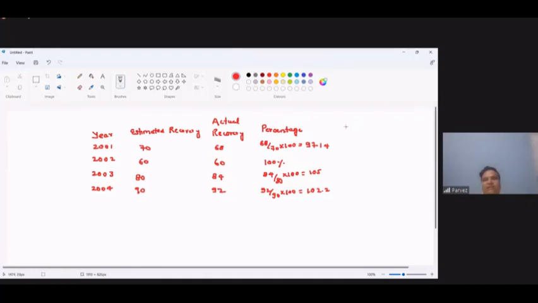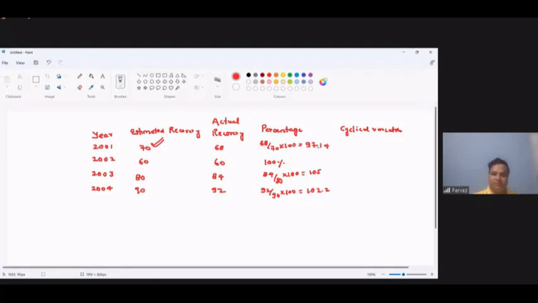Then find out the variation, or you say cyclical variation. You have to check from 100% how much it has varied, how much it has fluctuated. So your 100% was 70, but you have recovered less: minus 2.86.